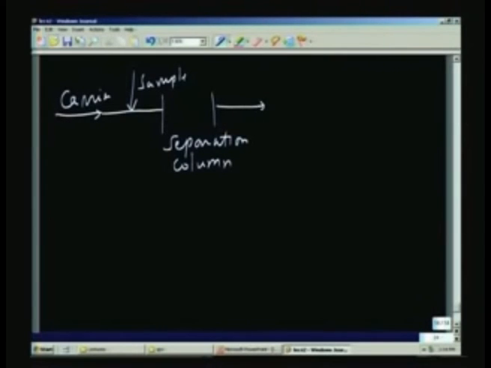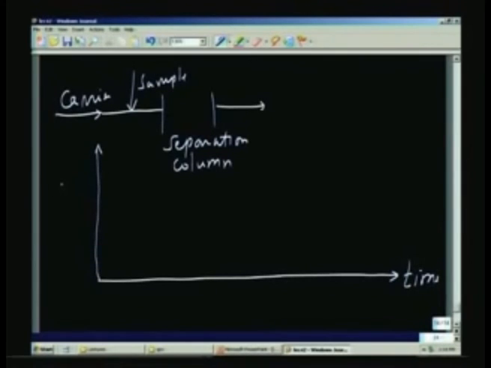If you look at the output, this is the time axis, and this is the TCD output. TCD is thermal conductivity detector output.